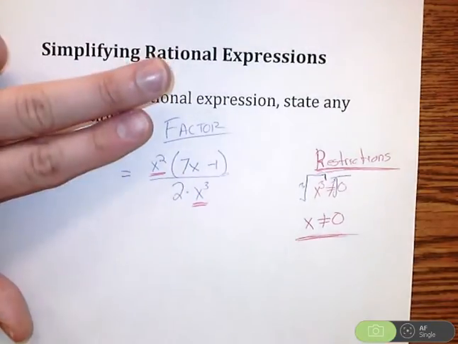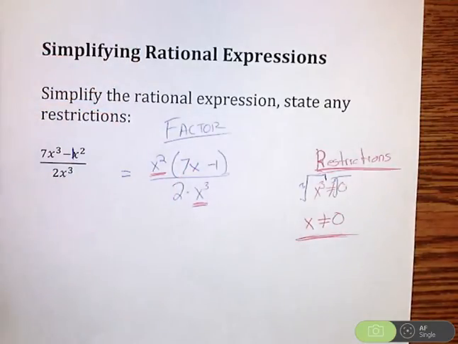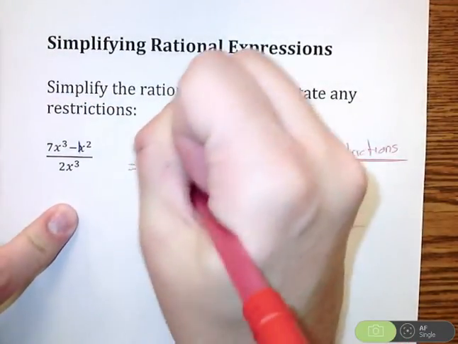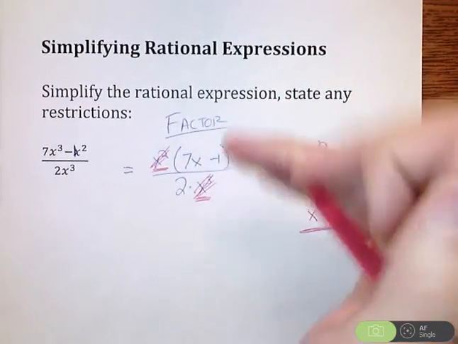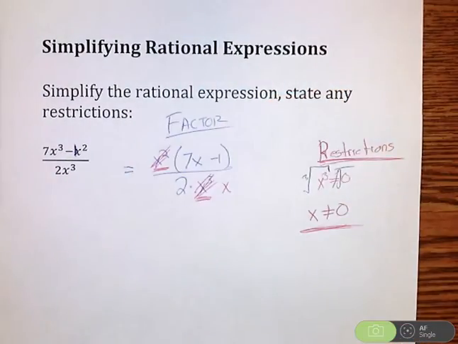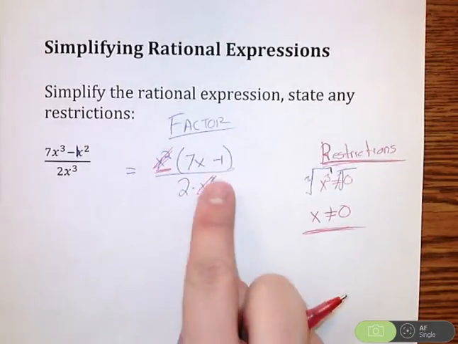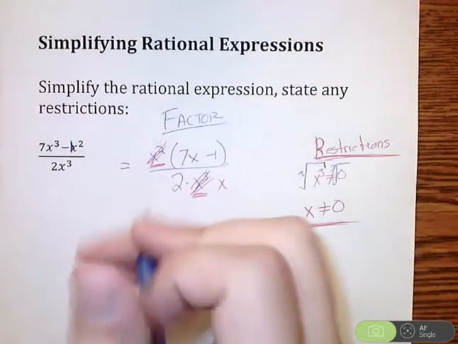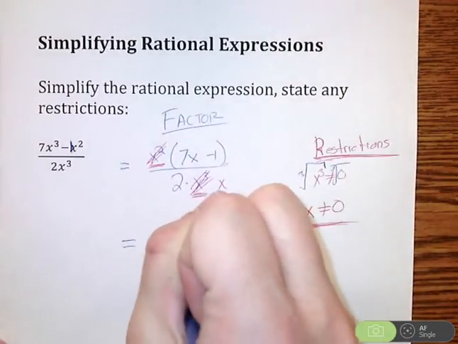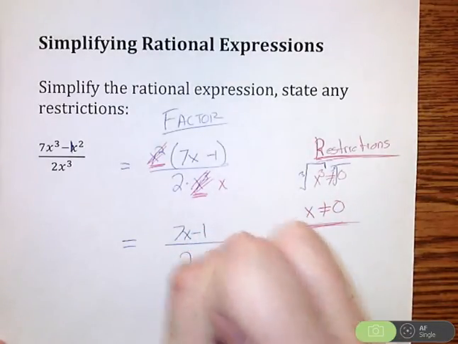If I take away 2 from the top and 2 from the bottom, I had 3 on bottom, so I'll have 1 x left over. I can't do anything else because that 7x minus 1 is all packaged together. So I'm left with 7x minus 1 on top and just 2x on bottom.